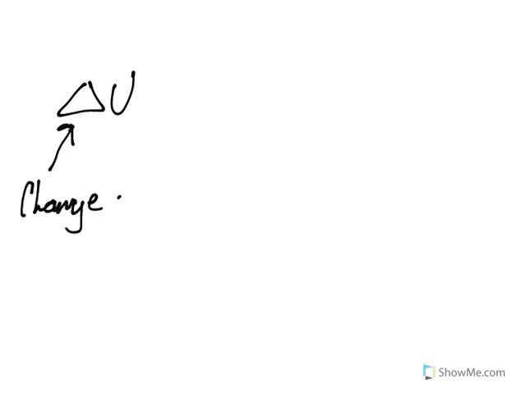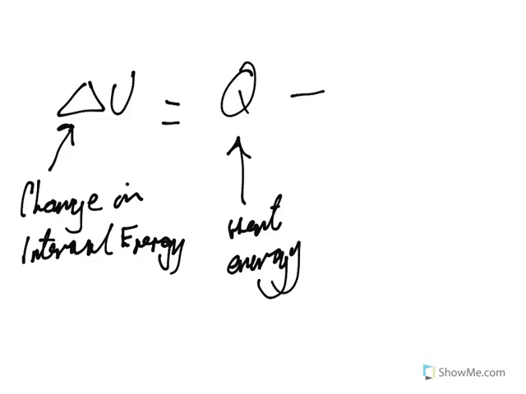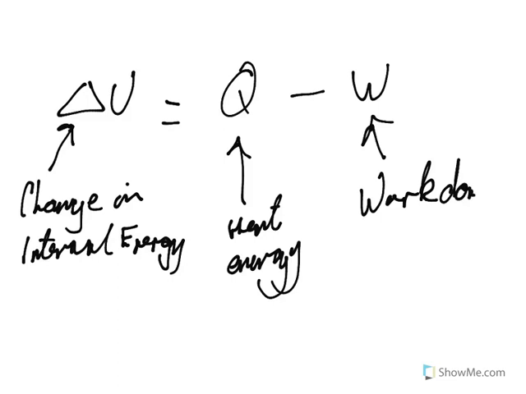And symbolically, delta U, which is our change in internal energy, equals Q, which is our heat energy, minus W, which is work done by system.